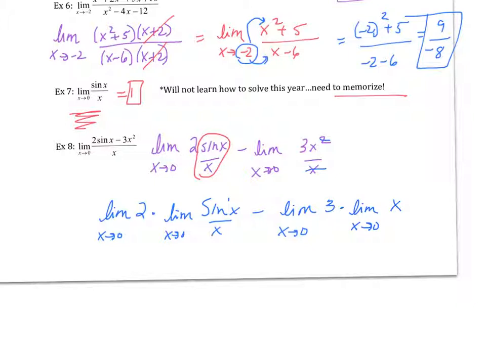Now we just plug in all these individual limits. We will have 2 times 1 minus 3 times 0, giving us a final answer of 2. And that's all.